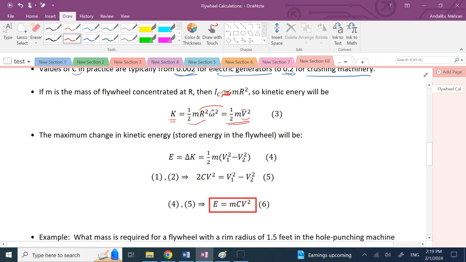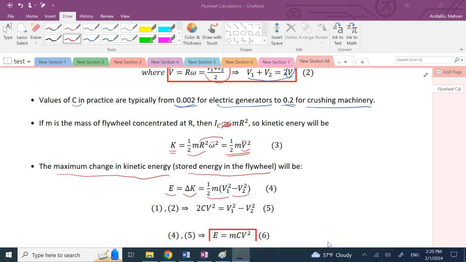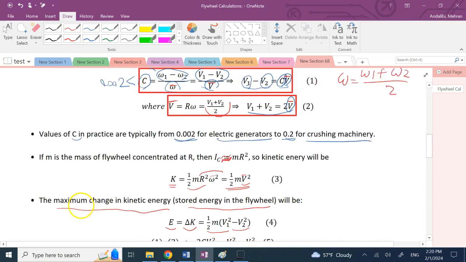Now, as I said, you have scenarios where V is at the max, V is at the min. The total change in the kinetic energy, the maximum change in the kinetic energy that you should store in the flywheel can be written as, if you show it by E or delta K, is 1/2 m V1 squared minus 1/2 m V2 squared. Multiply both sides of equations 1 and 2, then you get this equation. Let me show you.